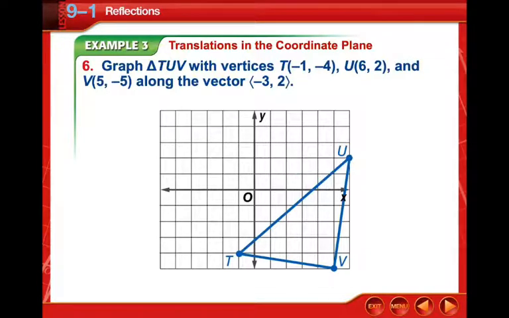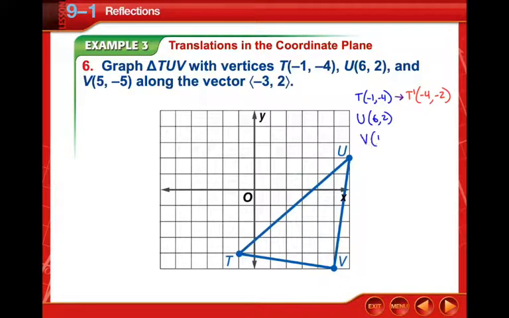So for t, we're at -1, -4, and that goes to t prime. So -1 plus -3 is -4, and -4 plus 2 is -2. For u, we're at 6, 2.